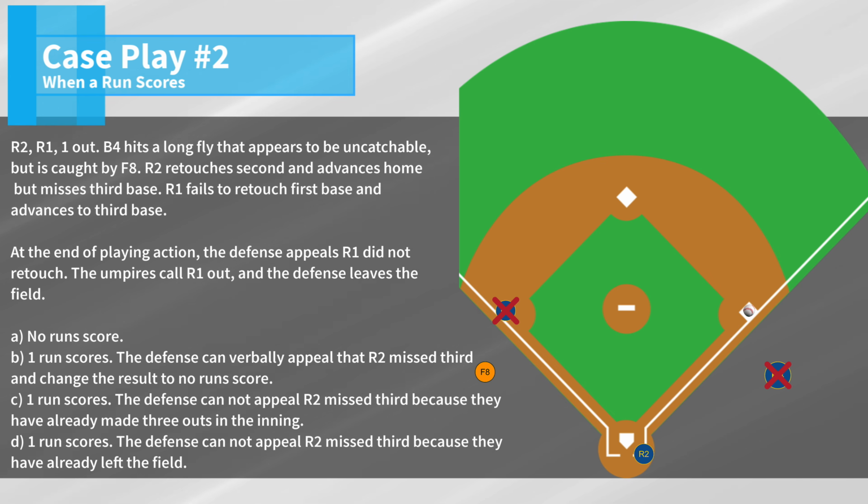Is this A, no run scores; B, 1 run scores, the defense can verbally appeal that R2 missed third and change the result to no run scores; C, 1 run scores, the defense cannot appeal R2 missed third because they have already made 3 outs in the inning; D, 1 run scores, the defense cannot appeal R2 missed third base because they have already left the field.